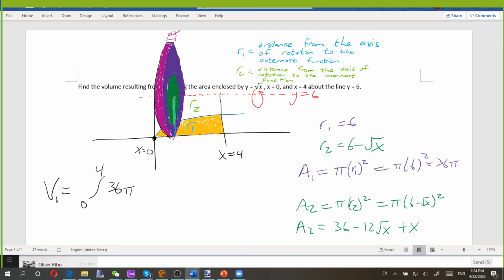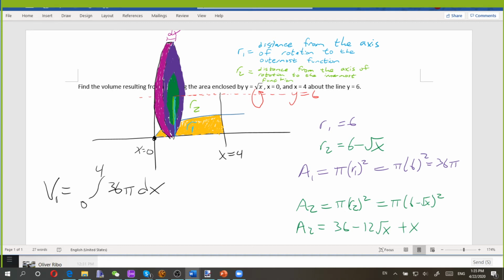So if I multiply 36 pi times dx, I should be able to get a three-dimensional volume. That would be the volume of my first disk, pi times r1 squared.